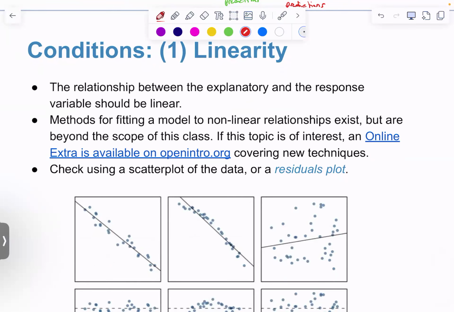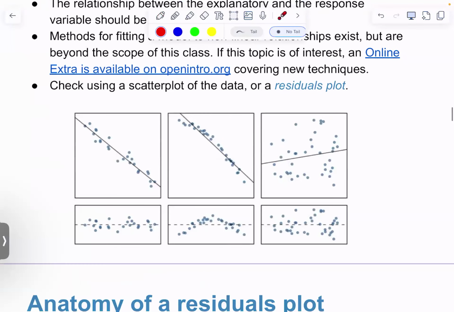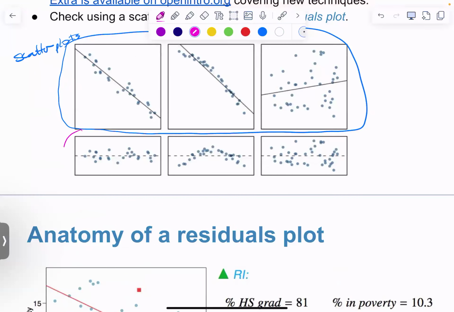Okay, so looking at the linearity condition, these scatter plots here are the original scatter plots, whereas these are what we call residual plots.